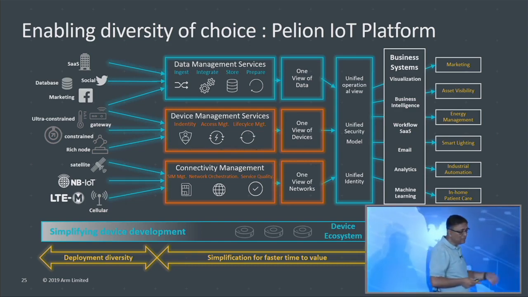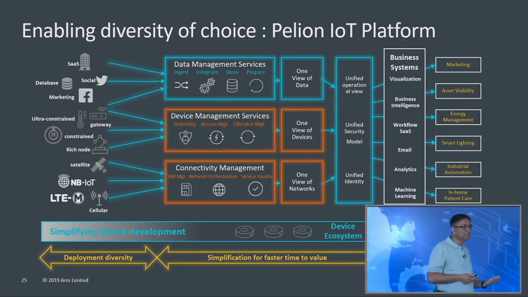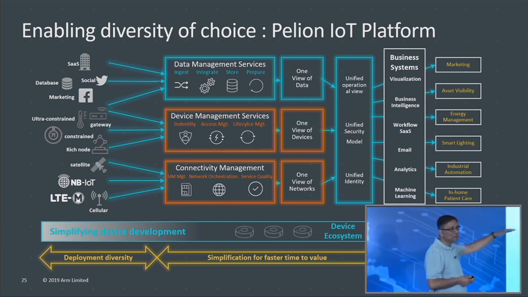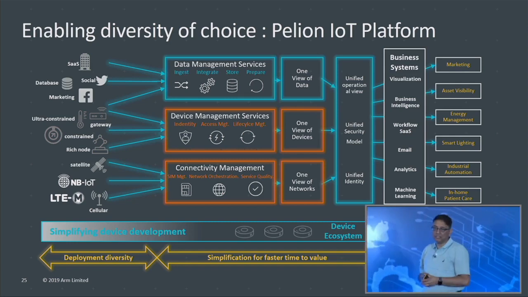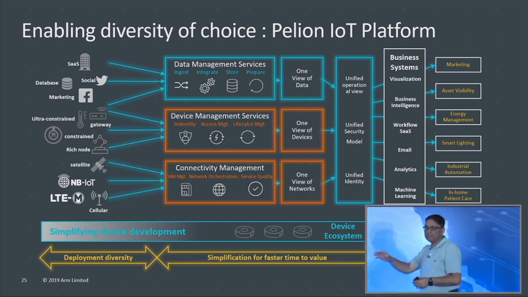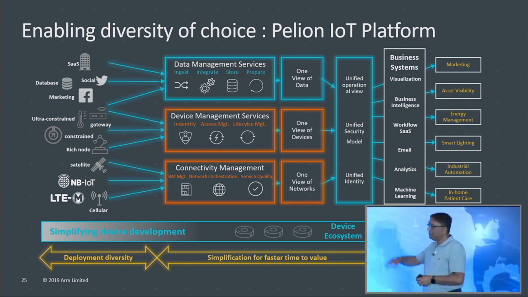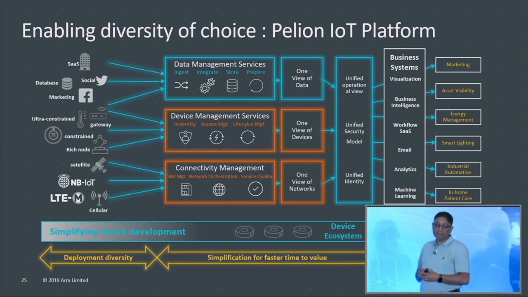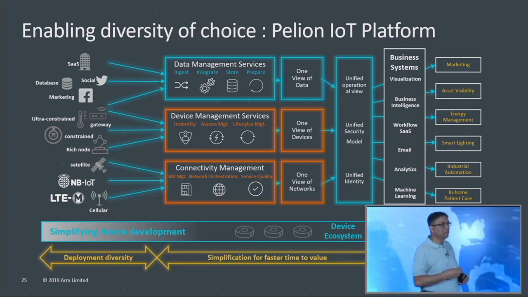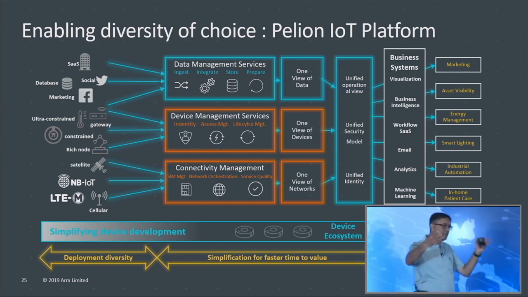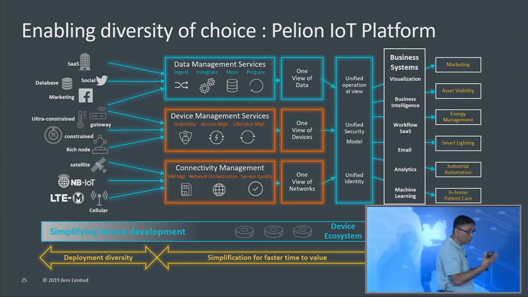And the services are designed to be composable. So if you only wanted one of those services, you can do that. If you wanted all the services, you can do that. If you wanted the service on-prem, which is actually the case with our device management service, we are seeing a lot of customers saying, I want it on-prem, but I also want it in the cloud, that hybrid environment. So that's also available.